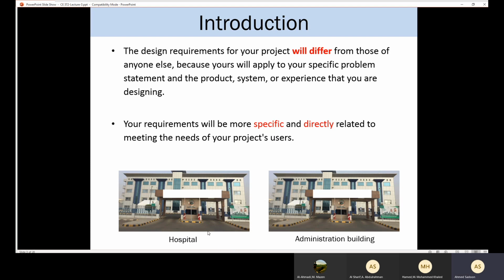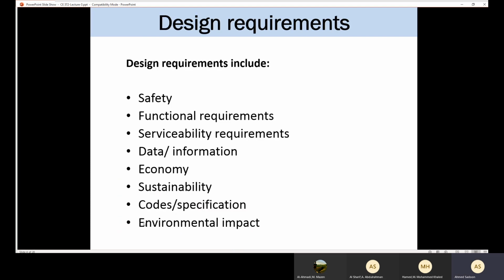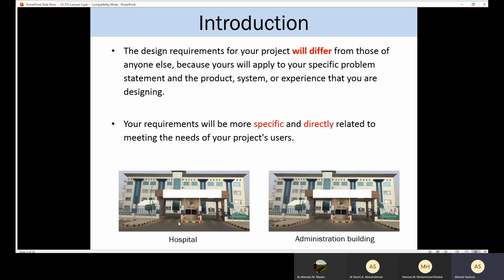And also, because many pieces of equipment here are going to release radiation, you also need to have a plan to deal with that. So I need to consider the environmental impact, and again, it's going to be different from one project to another.